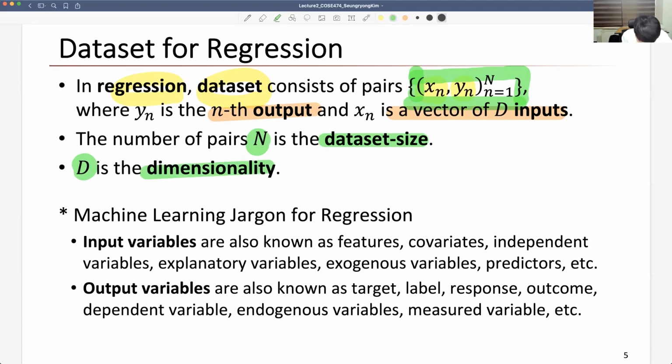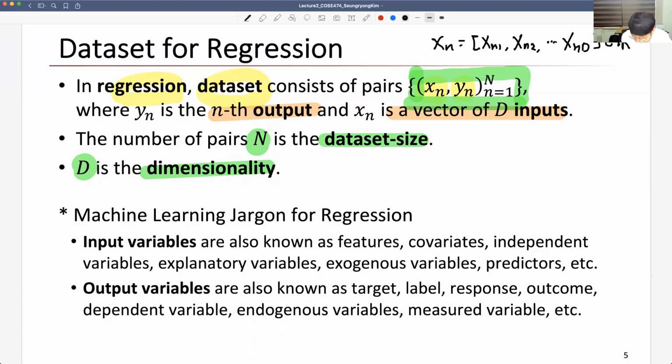Okay, so for example, our input x_n is represented as a d-dimensional vector, for example, something like x_n1, x_n2, and so on up to x_nd in R^d space.